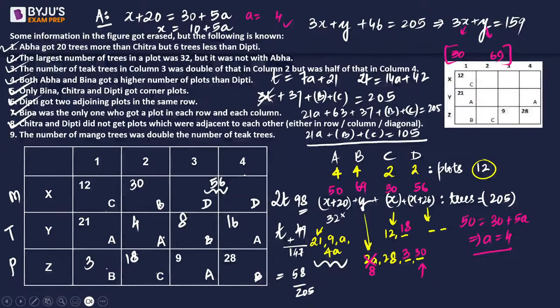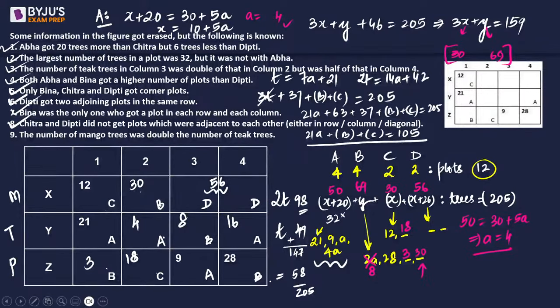Of course, we can't take 56 as, let's say, 20 plus 36 ले लिया हमने, right? One of the possibilities. We can't break it down as something like 30 plus something, because 30 is unique. Remember, every plot has a unique number of trees. So we can't repeat any of the numbers we are seeing here.